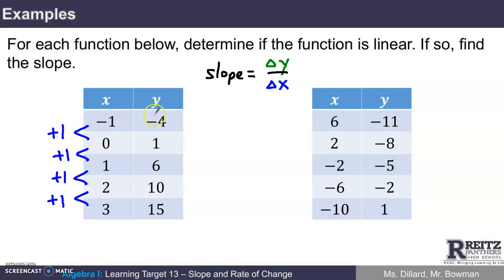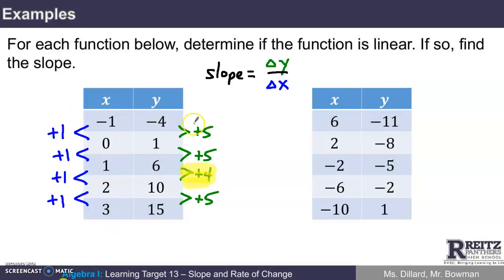Let's look at the change in y then. What would you add to -4 to get 1? I think it's 5. 1 plus 5 is 6. 6 plus 4 is 10. 10 plus 5 is 15. We've got a problem. And it's right here in the change in y between the third and fourth ordered pairs in this function.